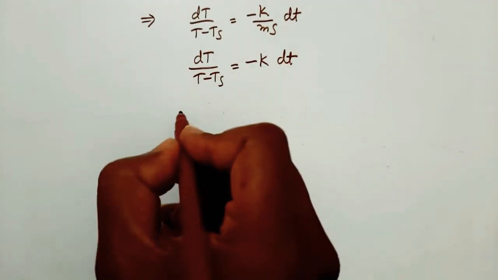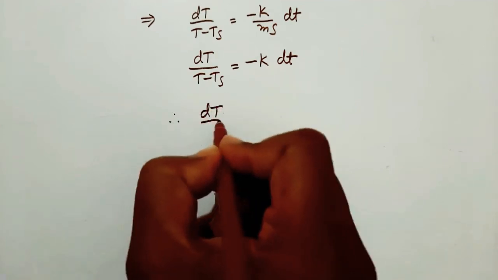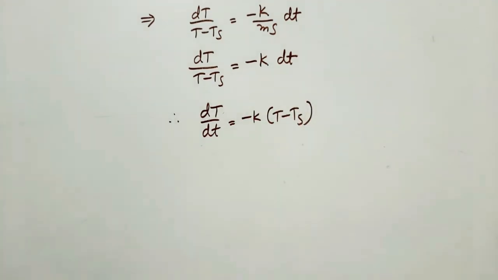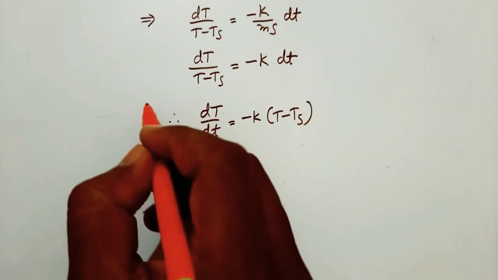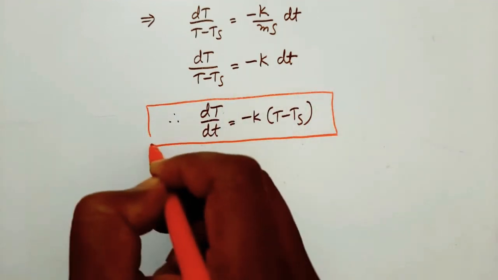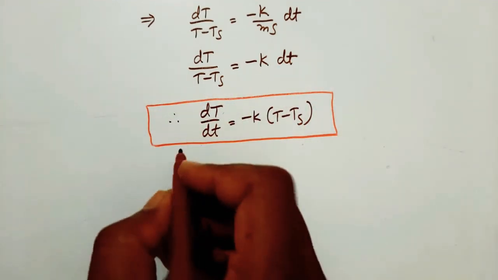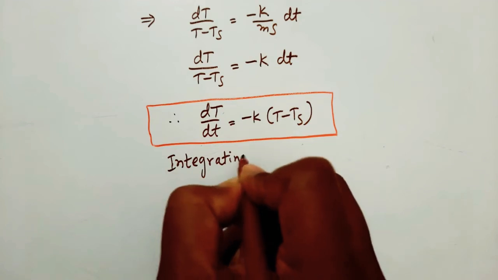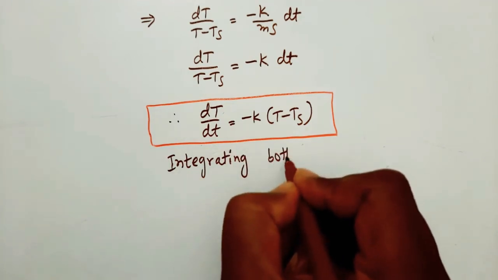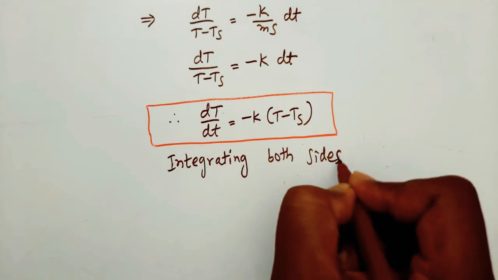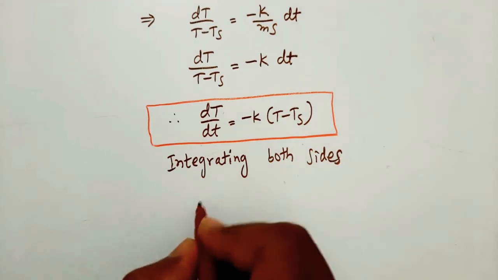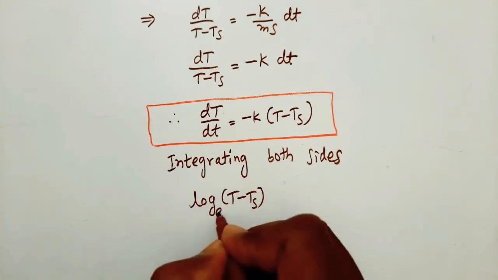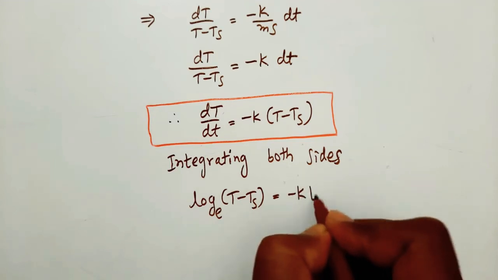From this, we can write dT by dt is equal to minus K into T minus Ts. Integrating both sides, we get log e base T minus Ts is equal to minus Kt plus C.